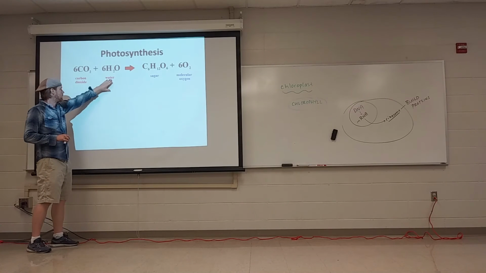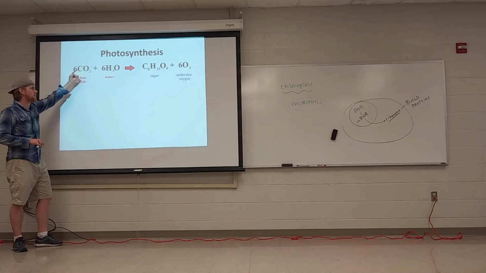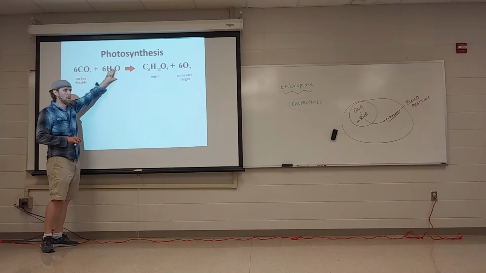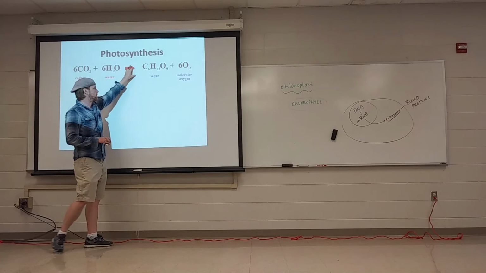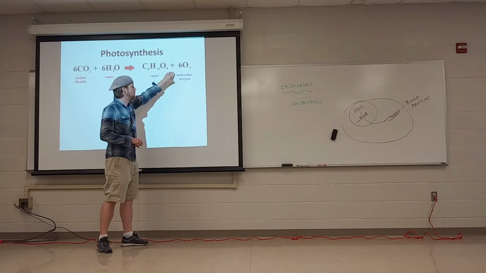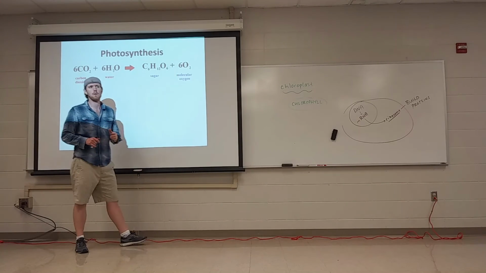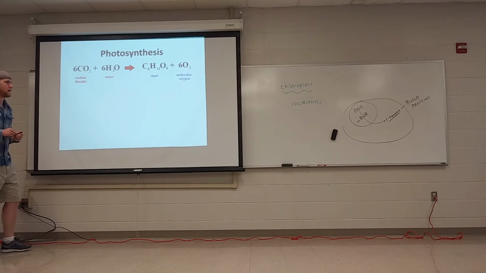So you need water, carbon dioxide, and specifically the equation for photosynthesis is 6 CO2 plus 6 H2O is converted into sugar, C6H12O6, plus oxygen, molecular oxygen, 6 molecules of O2. This is the stuff that plants use some of and then excrete a lot of, and we breathe it in.